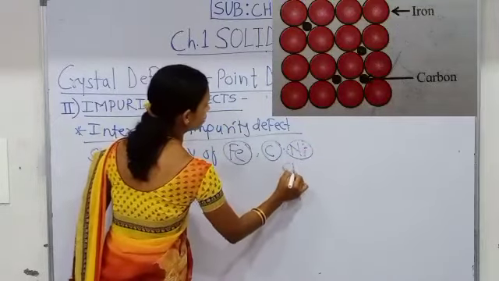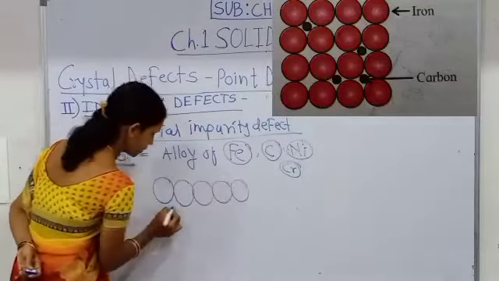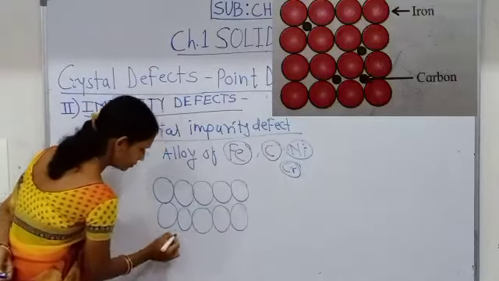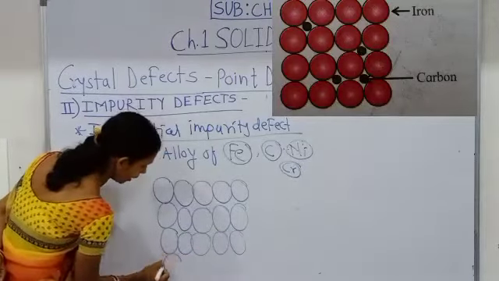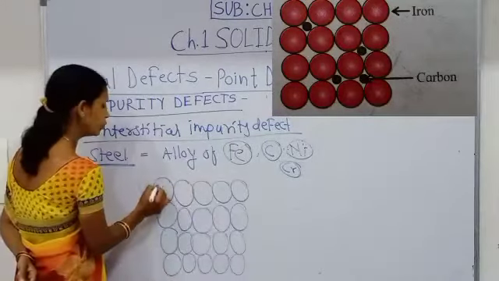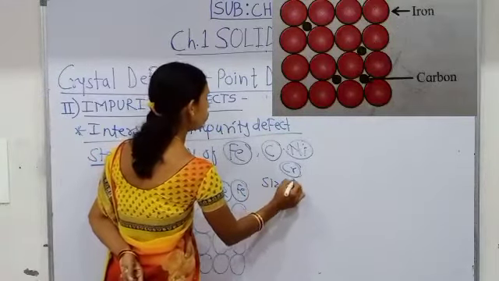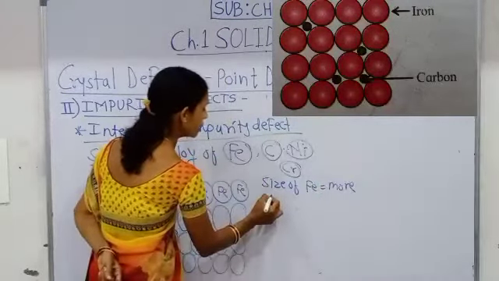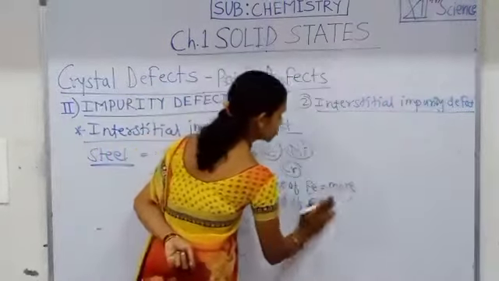and chromium. Iron particles are the host atoms, to which an impurity of carbon is added to produce the steel alloy. When carbon particles are added into the iron, the size of the iron particle is bigger, and the size of the carbon particle is smaller.